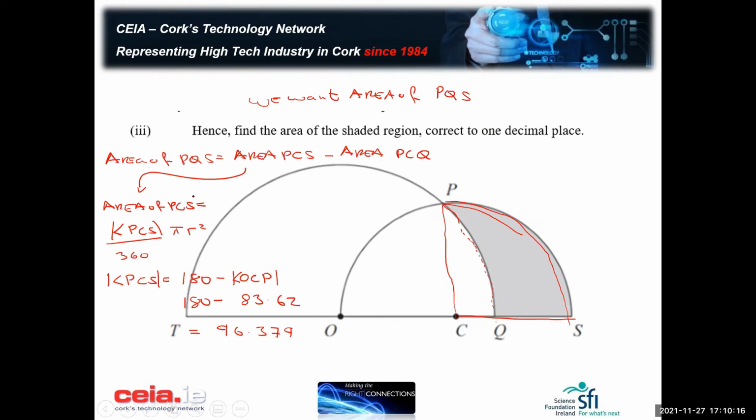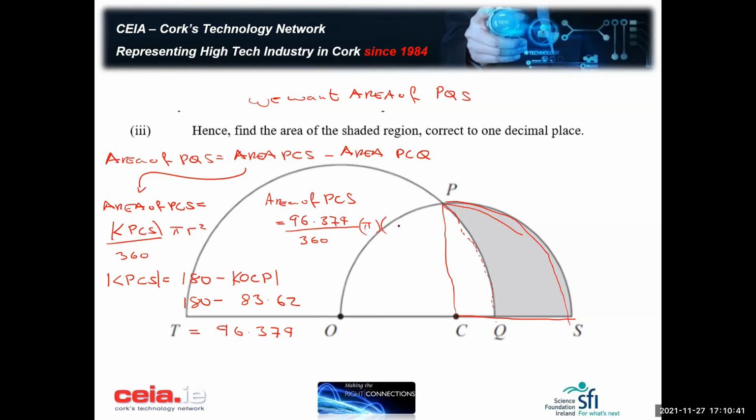So therefore the area of PCS equals 96.379 divided by 360 times pi times r squared.